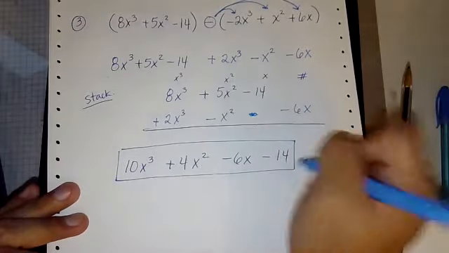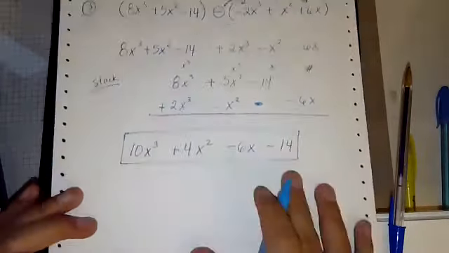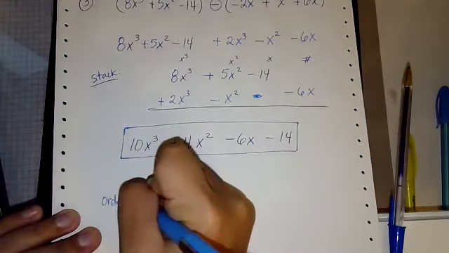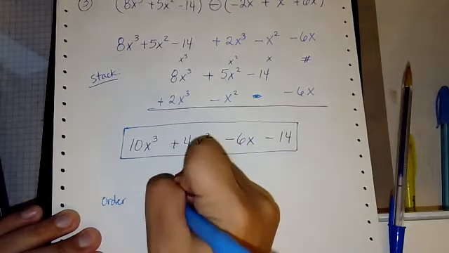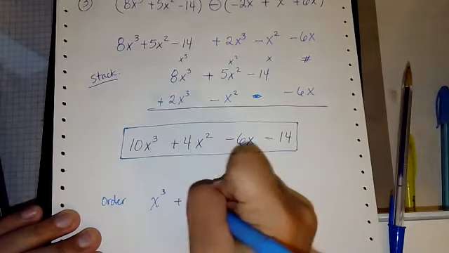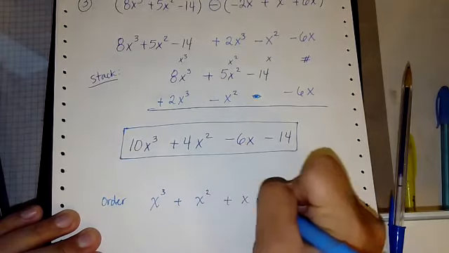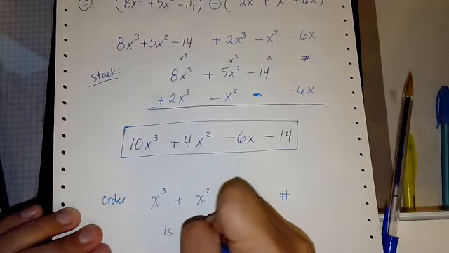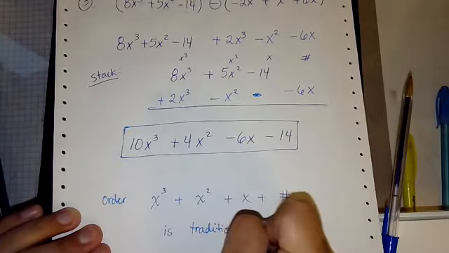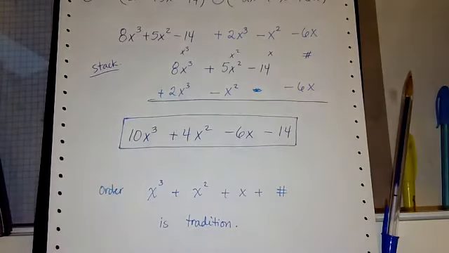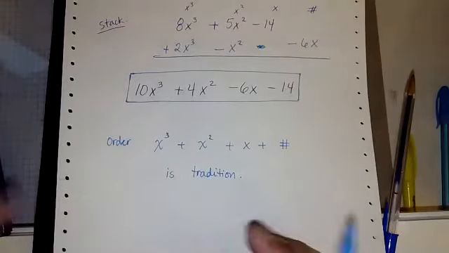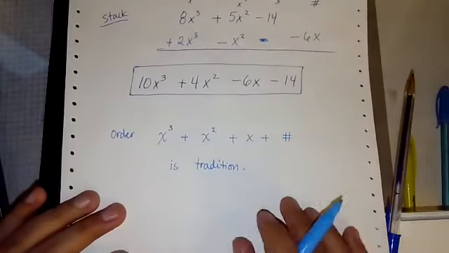Technically, since we're just adding and subtracting, the order doesn't matter, but the order of x to the third plus x to the second plus x plus whatever the number is, that's tradition. So most instructors, most mathematicians will write it in this way, even though when we add and subtract, the order doesn't really matter as long as these signs are correct.